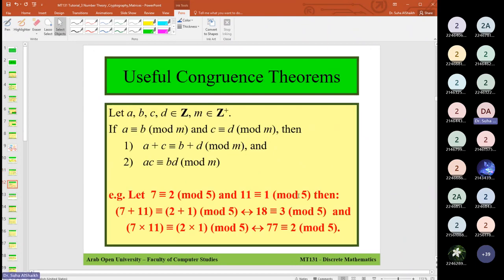Now also we have some useful congruence properties.